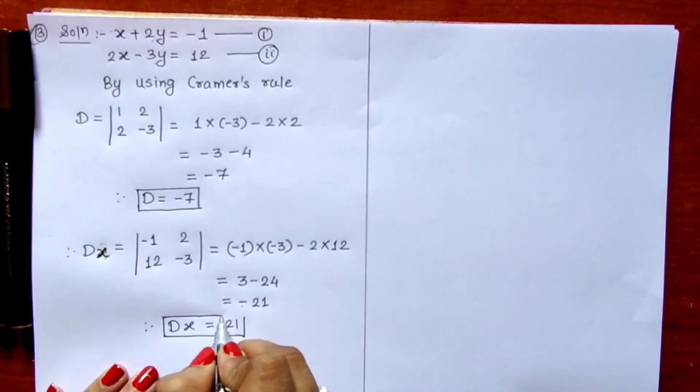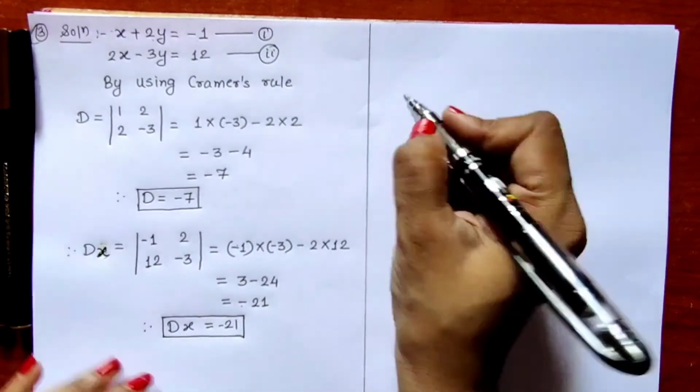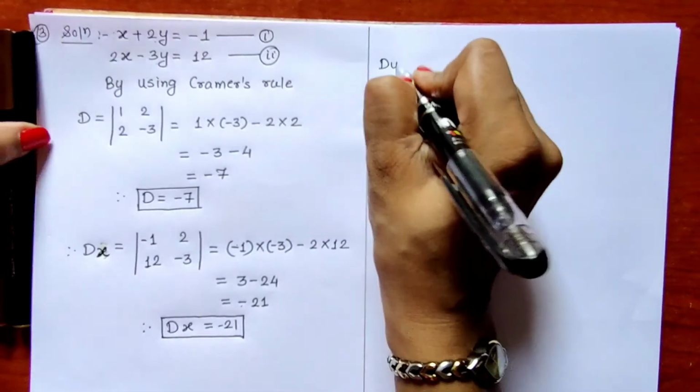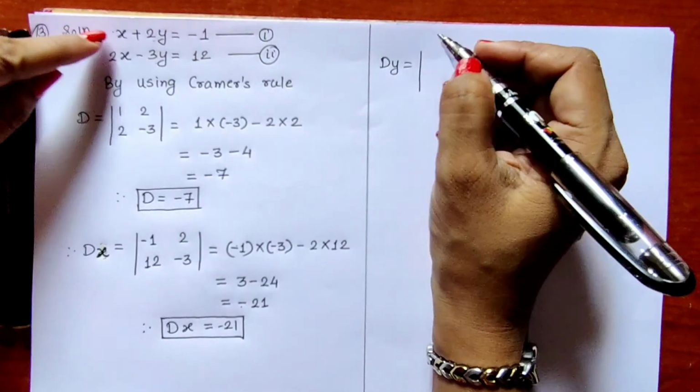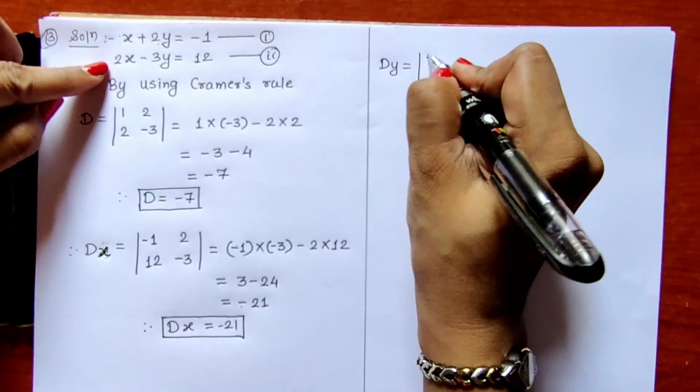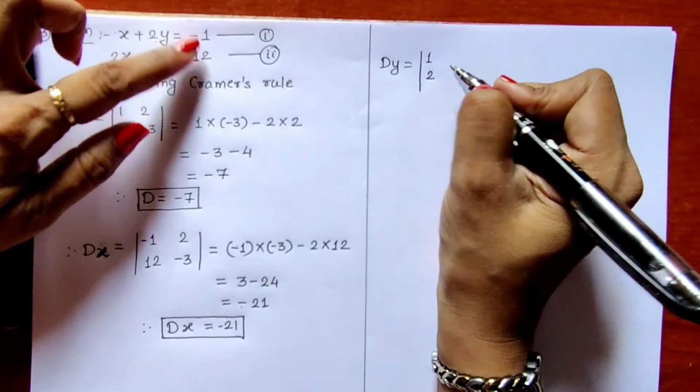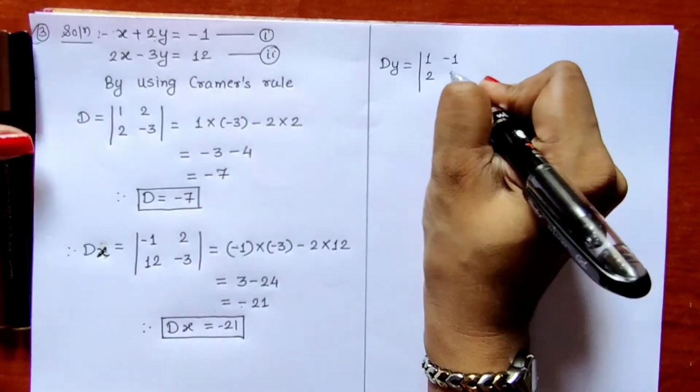Now we will have to get determinant of y. So dy is equal to, we will have to write the coefficients of x, that is 1 and 2, and then we will have to write constants, minus 1 and 12.